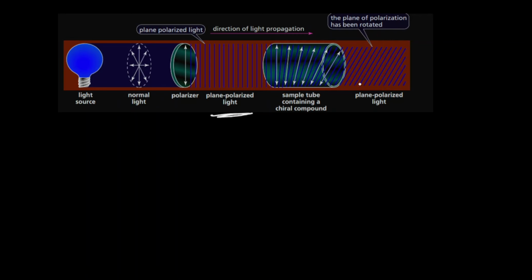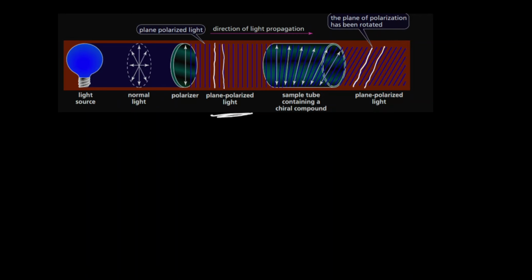While our plane polarized rays are vertically oriented going in, after they pass through this sample tube containing the chiral compound, they emanate diagonally. So this chiral compound has been able to change the plane of the plane polarized light. That's very interesting. That's the optical activity of chiral compounds.